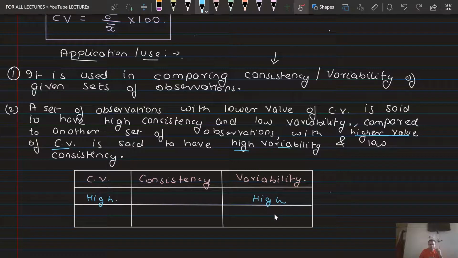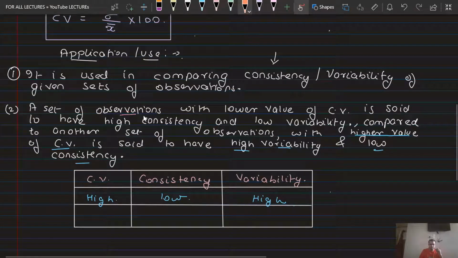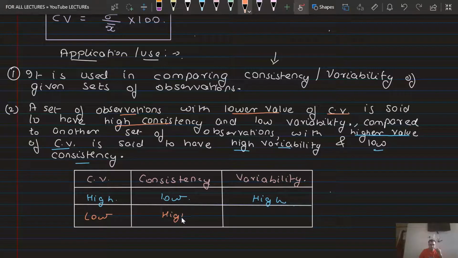So variability is high and low consistency. So consistency is low. Whereas in case of the observation with lower value of coefficient of variation, it is said to have high consistency and the lower variability. So that is the way you can remember your entire point over here.